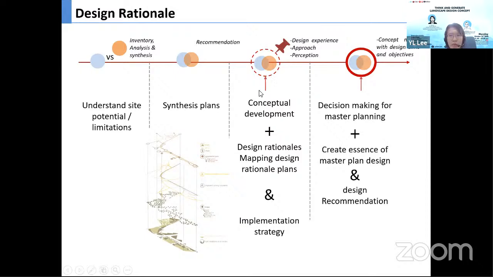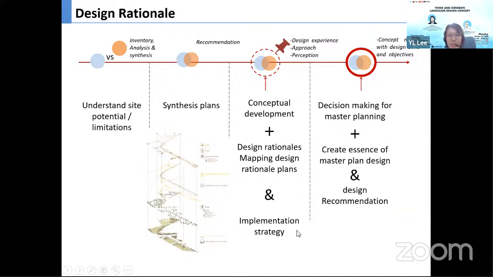This is how you put your design rationale in when you write your concept. How to show it, I will show you later. It is all in maps, with no need to write a lot, because you are architecture students. Everything we show on the maps or design, with not too much writing.